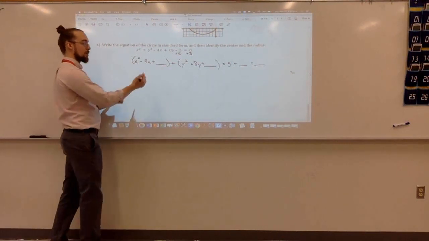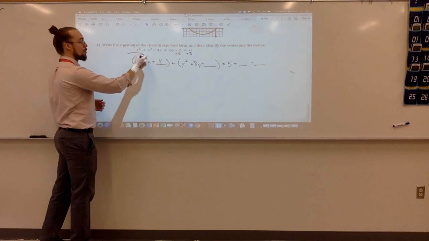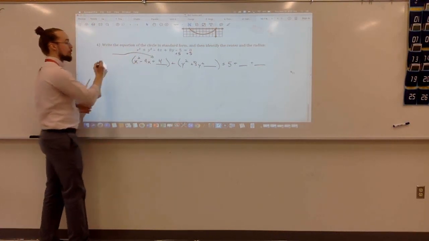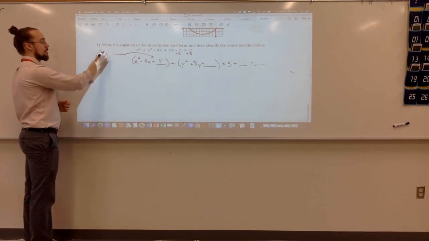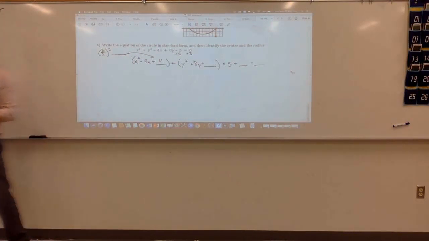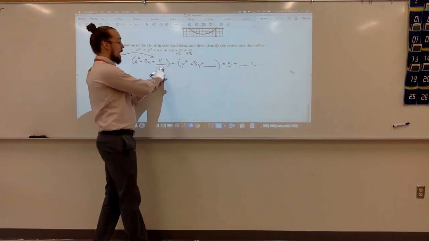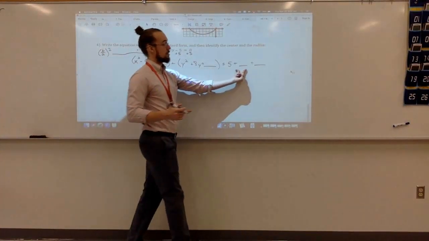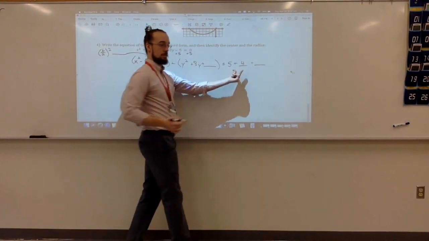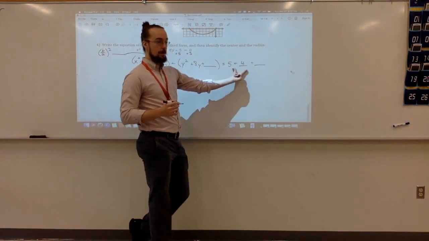Negative 2 squared is 4. If you want to make a note that this value here is b over 2 squared, it might be a good idea to make a note of that. So if I'm adding 4 here, I'm adding 4 over here. And whatever we do to one side of the equation, we have to do to the other side.